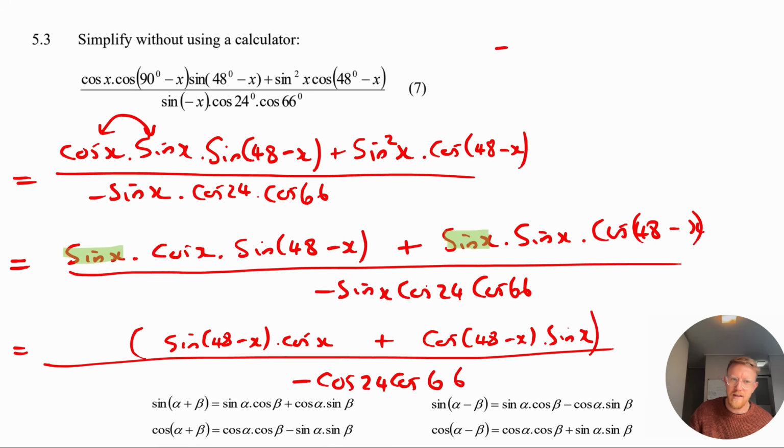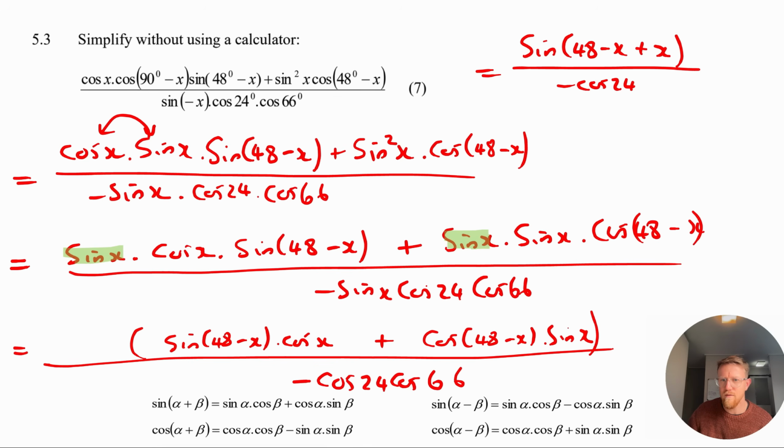then we're going to end up getting sin of 48 minus x plus x. Okay, that's what the top's going to become. And then the bottom is just going to be negative cos 24 cos 66. Now, the x's cancel here, so we just end up with sin 48. And then at the bottom, we've just got negative cos 24 and cos 66.